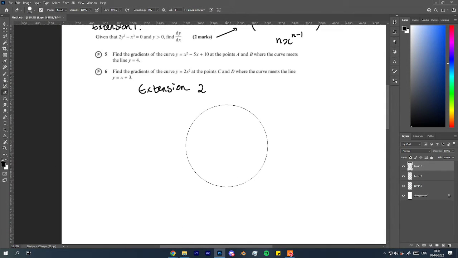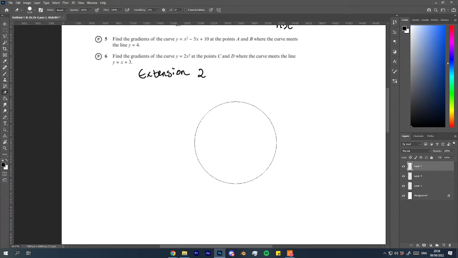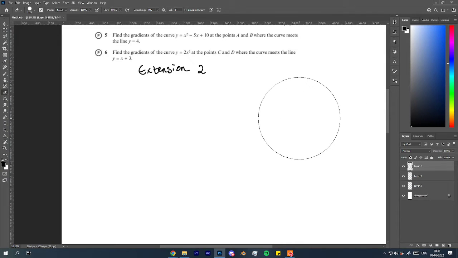I'm going to give you some time for extension 2 if you haven't got to it. Let's do that. I did want to get through second derivatives in this lesson as well, but I don't know if we'll have time. We do have 20 minutes.